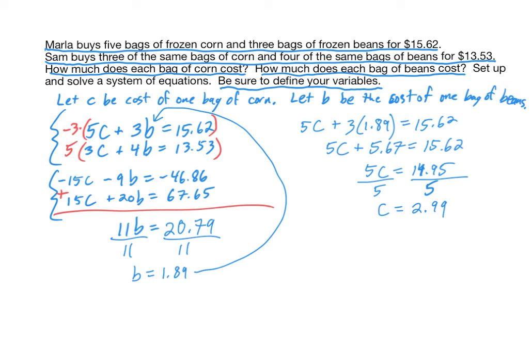Now we have the value of B is 1.89, the value of C is 2.99. When we're solving these in the abstract, meaning it's not an application problem, we usually write an ordered pair. But anytime you're doing an application problem, we want to just simply say in words what each of these means. So B was the cost of one bag of beans, and we just got 1.89 for that. So that means it costs $1.89 per bag of beans.